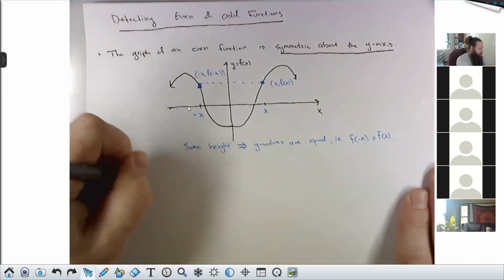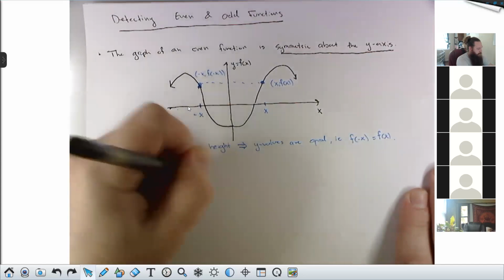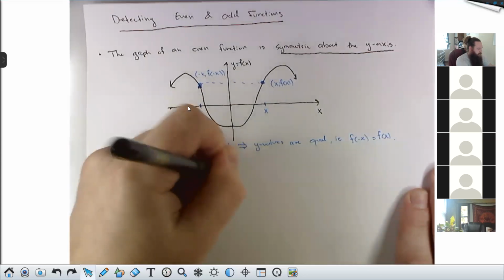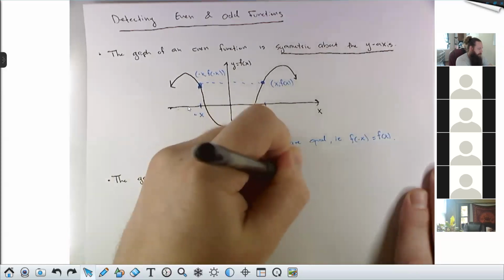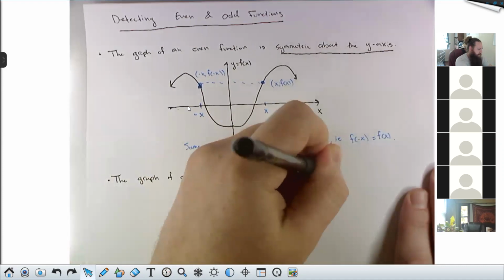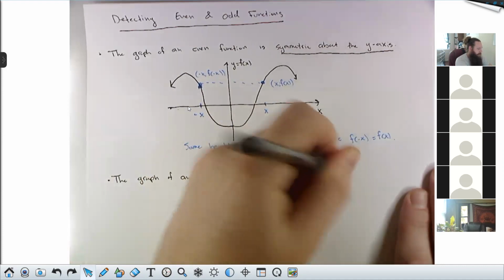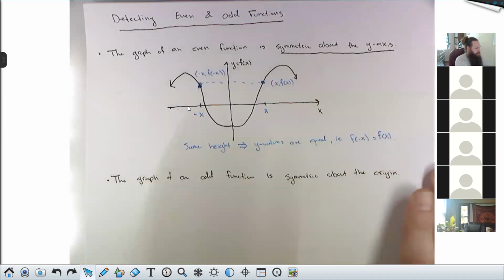The graph of an odd function also exhibits some symmetry. But this time it's symmetric, not about one of the axes, but about the origin. And I'll show you exactly what I mean.